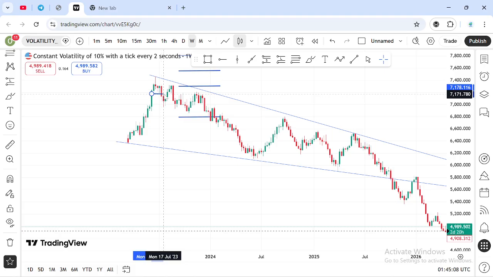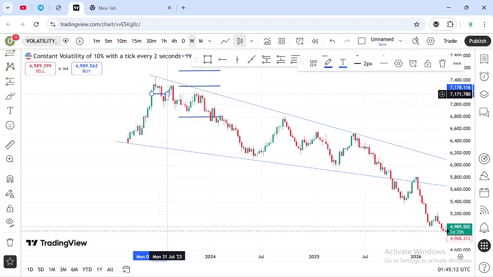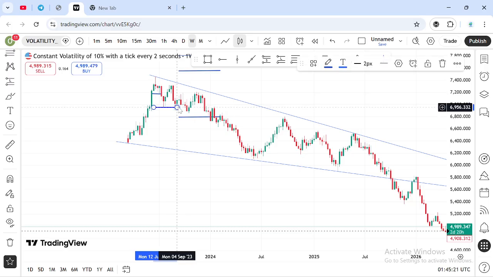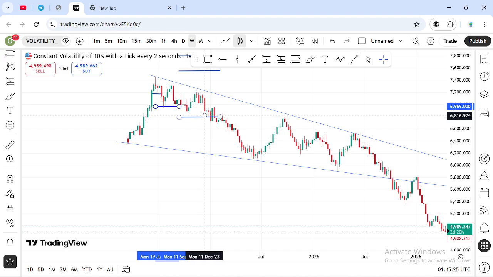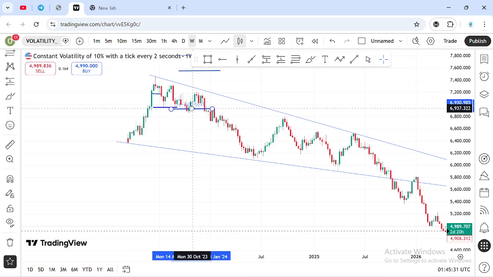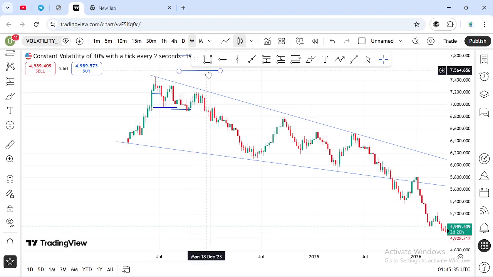This break of structure, some persons will say it's small, but it's important. Then we have this one here. Then we had another break of structure here. We had this other break of structure. Then this one.